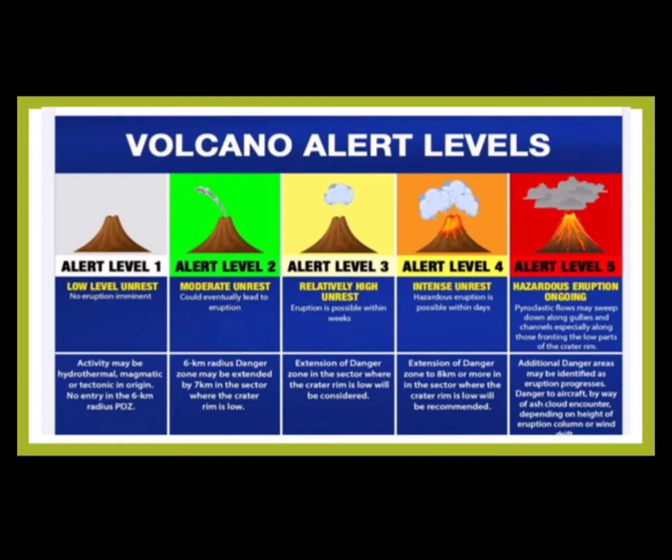Eruption is possible within weeks. Alert Level 4, intense unrest. Hazardous eruption is possible within days. Alert Level 5, hazardous eruption ongoing. There are pyroclastic flows that may sweep down along gullies and channels, especially along those fronting the low parts of the crater rim.